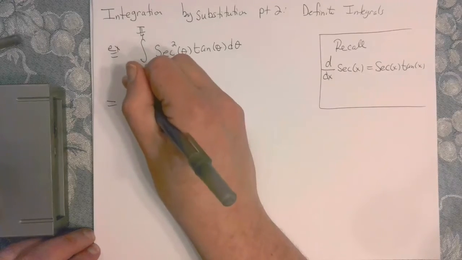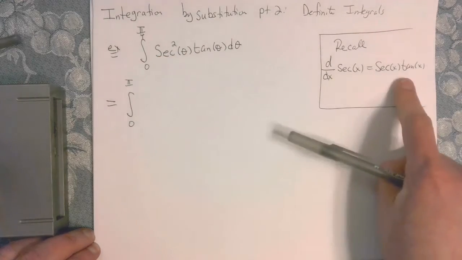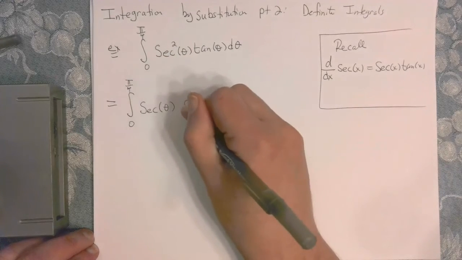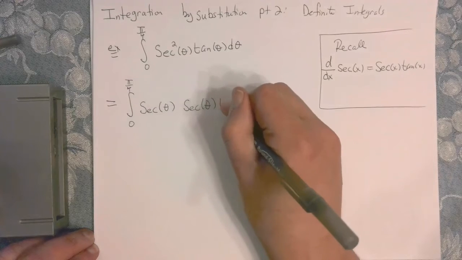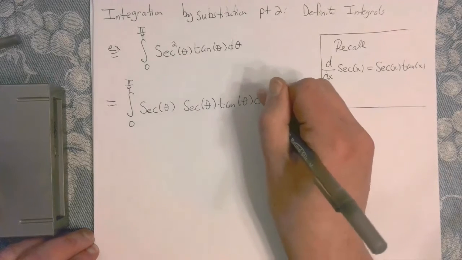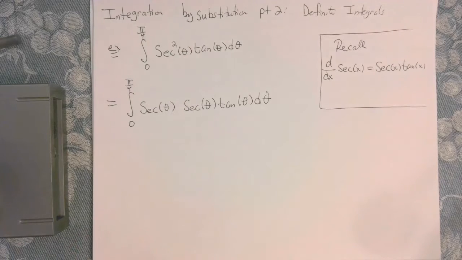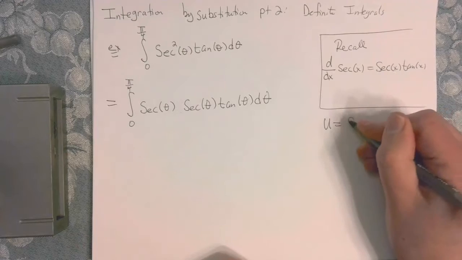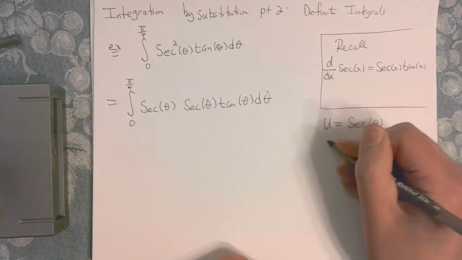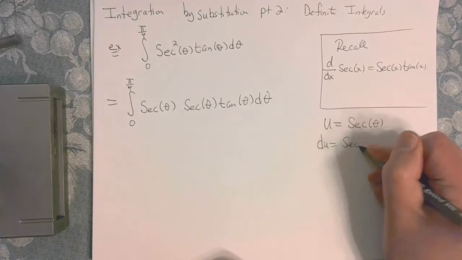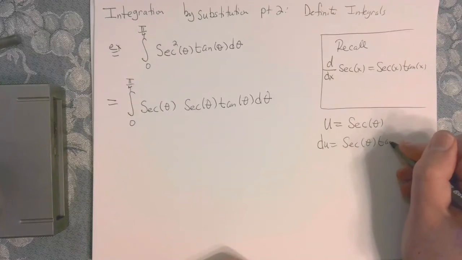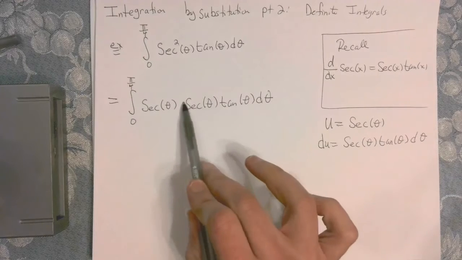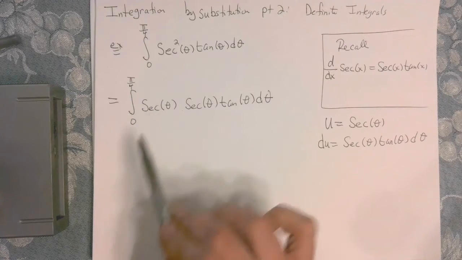In method 1, we're going to rewrite this as secant of theta times secant of theta tangent of theta d theta. So I'm going to have this sort of u du situation going on here. We're going to let u equal secant of theta. Now the derivative du is exactly secant of theta times tangent of theta d theta. So this is going to be du, and this is going to be u.